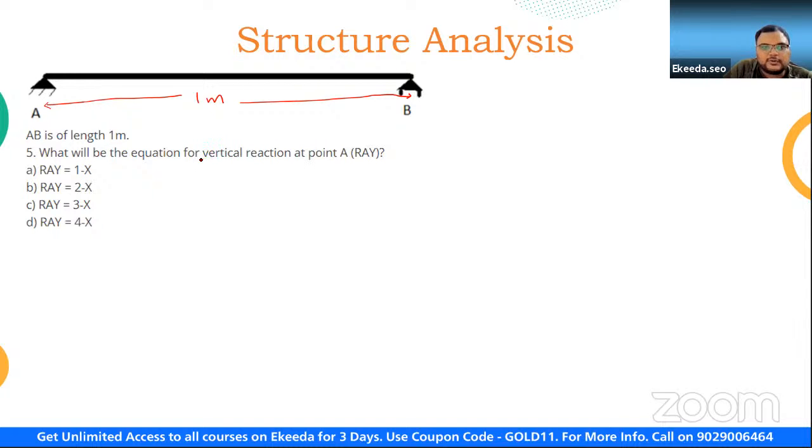What will be the equation for the vertical reaction at point A? So the vertical reaction at point A means here there will be one vertical reaction, let us say RAY. So it is asking what is the value of this RAY, right guys?